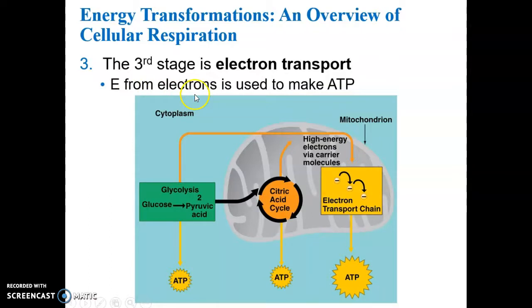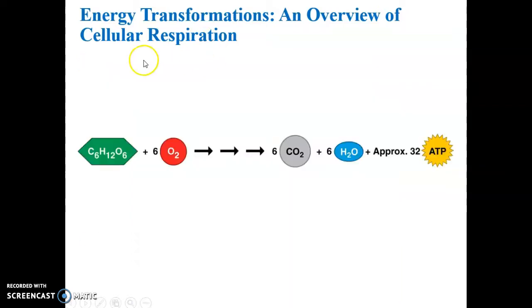So energy from the electrons ultimately is used to produce ATP, and the electrons come from the breakdown of glucose, first in glycolysis, then in the citric acid cycle. So, excuse me, the overall equation for cellular respiration: we start with a carbohydrate, the chemical formula for something like glucose, and oxygen through the entire steps of glycolysis, the citric acid cycle, and the electron transport chain.